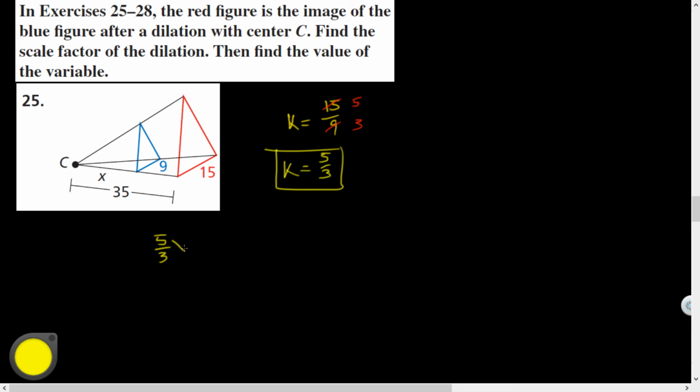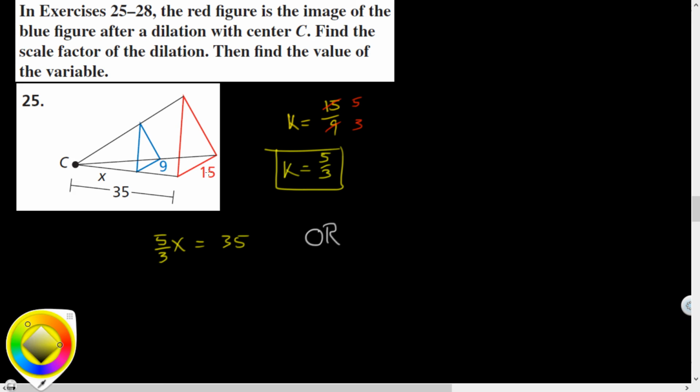So 5/3 times x should equal 35. That's one way you could set it up. Or, I think this makes more sense, we could use proportions. I could have said x is to 35 as 9 is to 15.